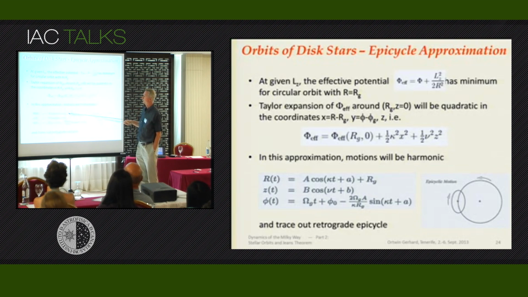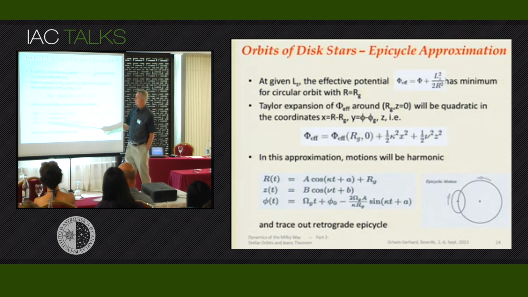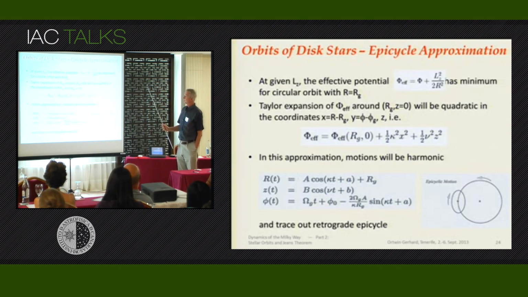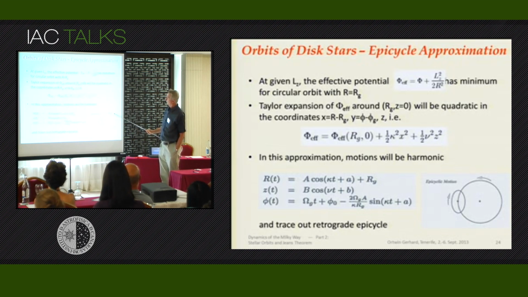And so your solution in this approximation is very simply given by this set of simple equations, where the radial excursion of the star relative to its circular orbit is a harmonic oscillation with some amplitude A and this frequency kappa, and the vertical amplitude has an independent amplitude and an independent frequency, and finally the azimuthal motion is essentially given by the regular rotation of the circular orbit plus some perturbation around it, which follows the same frequency kappa with some different amplitude given by this A times this frequency ratio.